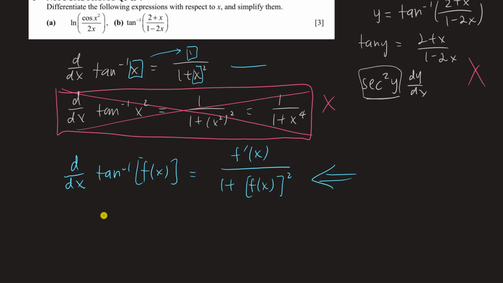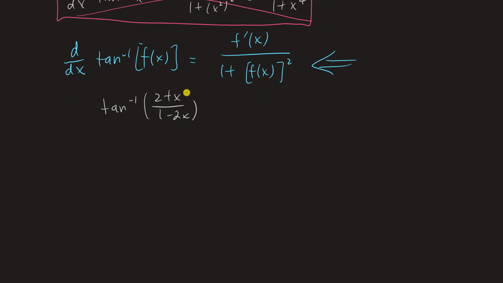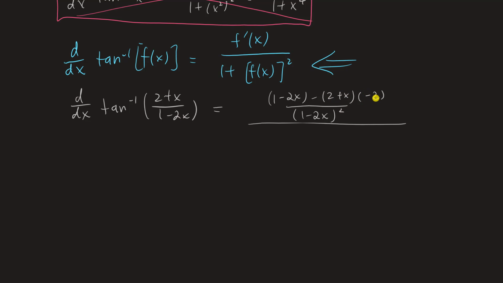So let me just copy down the question here. Tan⁻¹ of (2 + x)/(1 - 2x). f(x) here is actually this fraction you see. So differentiating this would give us the differentiation of this. How do we differentiate a fraction? We will use quotient rule. (1 - 2x)² whole bottom, differentiate top, which will give us 1, minus, we hold top, we differentiate bottom, it will give us negative 2.